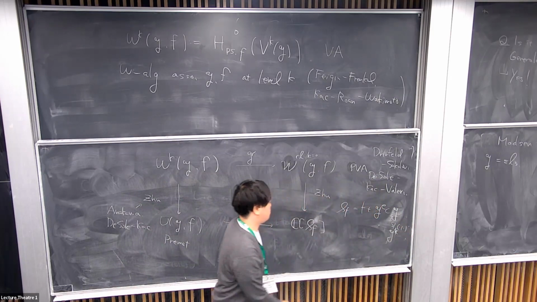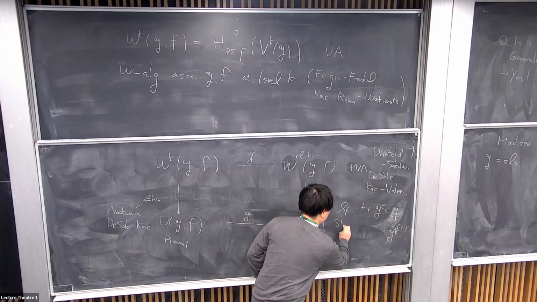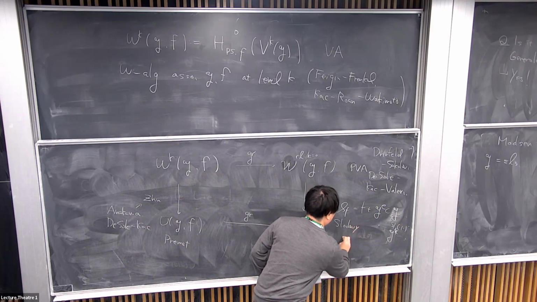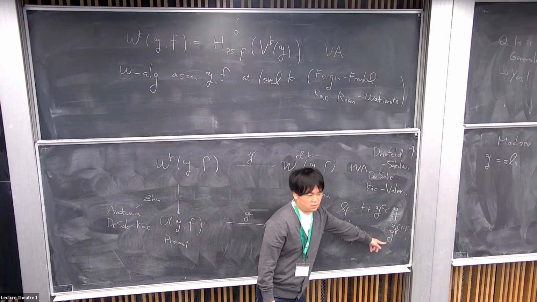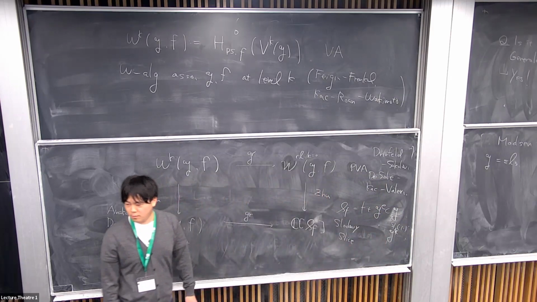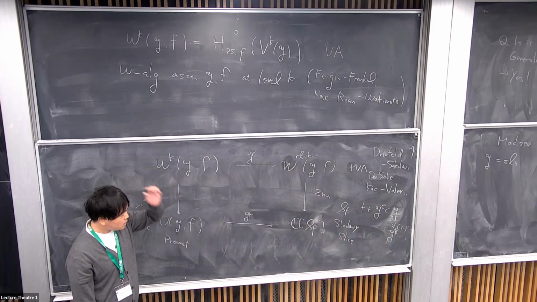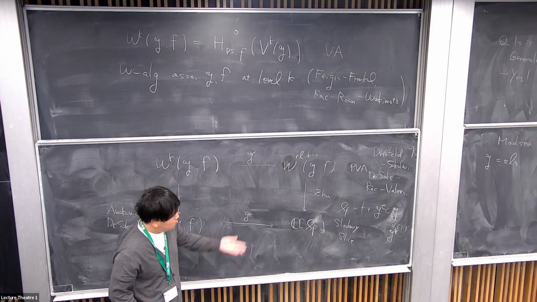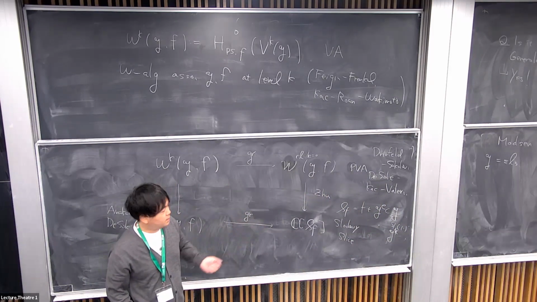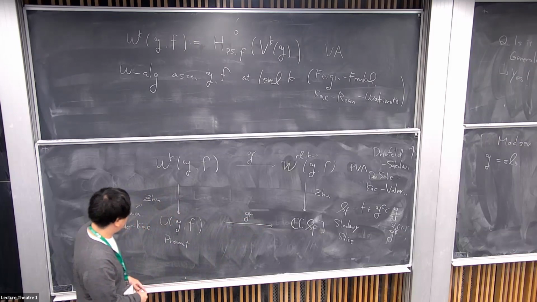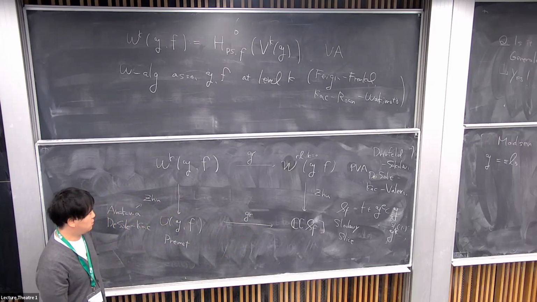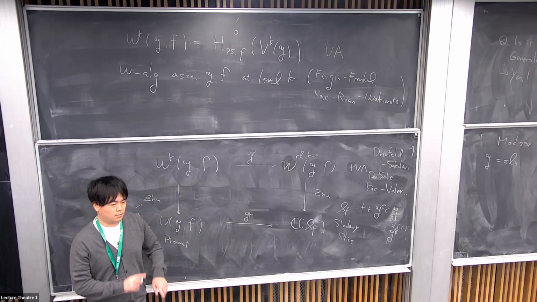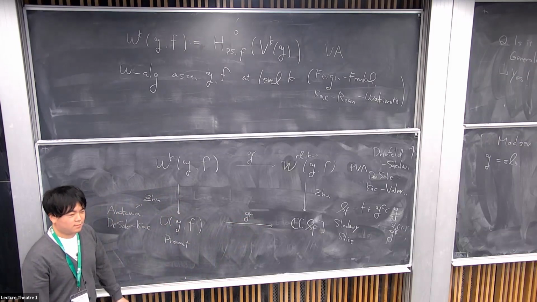This is called a Slodowy slice. And in fact, in g star, this satisfies the transversal property, and in fact, this is a Poisson variety. And you know that the finite W-algebra is somehow a quantization of this Slodowy slice in the sense of the Fedosov star product by Joseph.